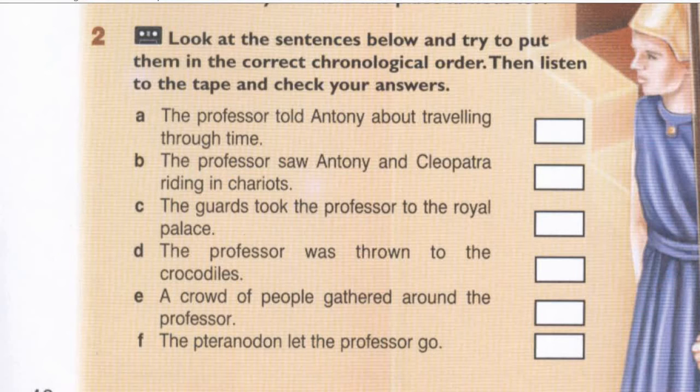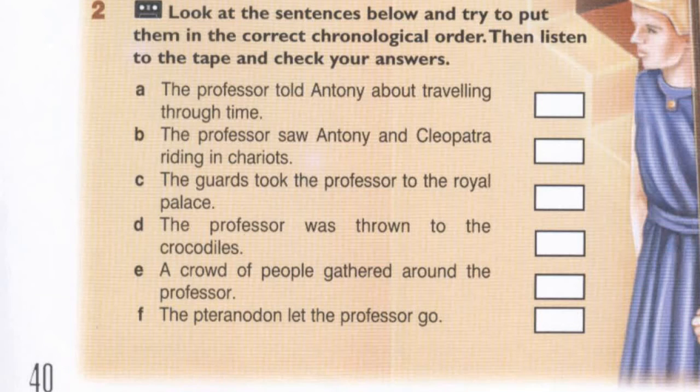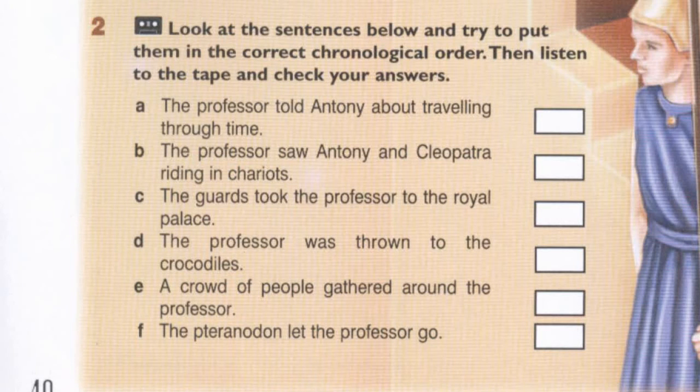So the story is about ancient Egypt, and the question was to put the sentences here in the correct order or chronological order. Okay, now which one is the first?